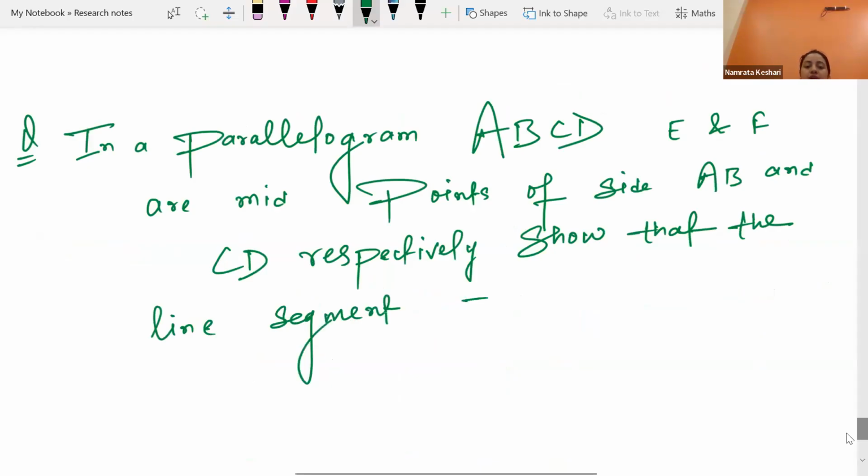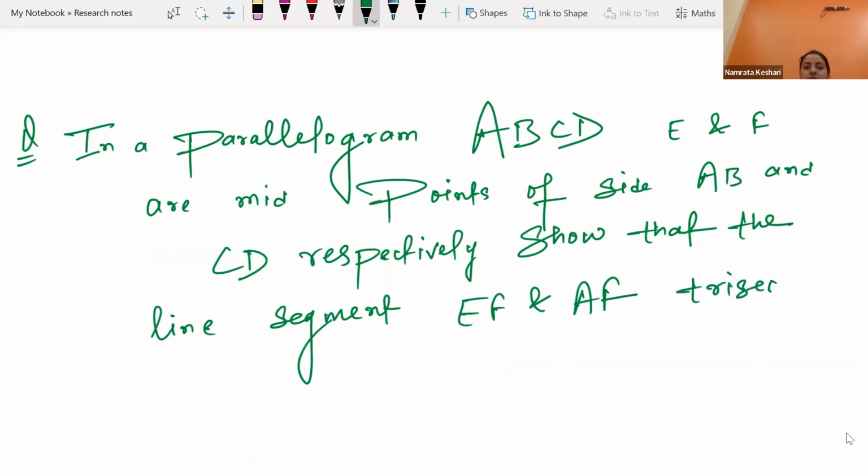Line segment EF and AF. The first one is AF, right? And the second one is EC.